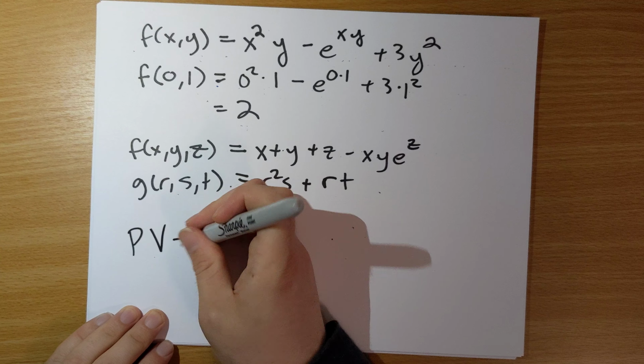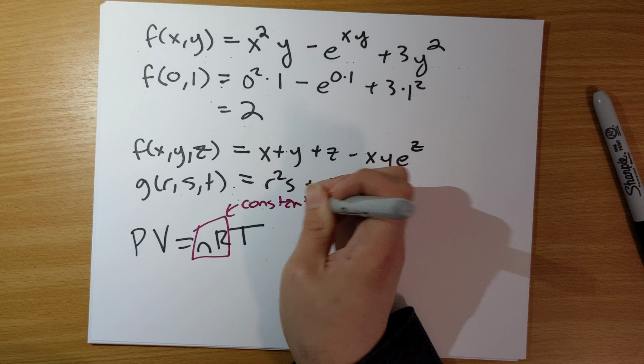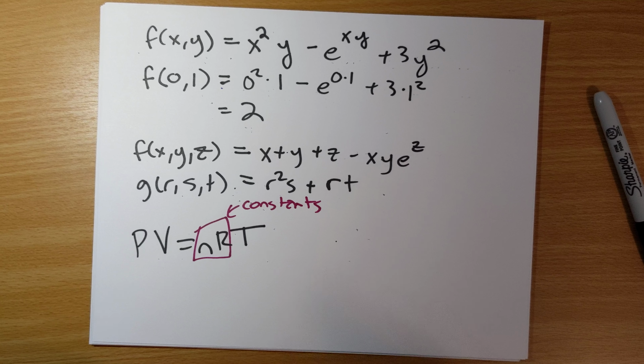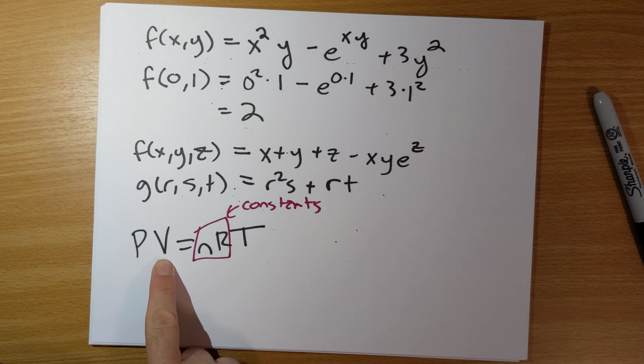And so in the ideal gas law, for those who aren't familiar, you just need a reminder, these are constants in general for a given problem. And so P stands for pressure, V stands for volume, T stands for temperature.